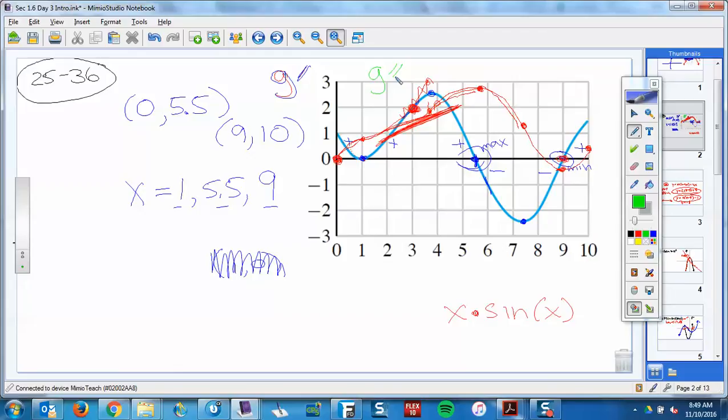Let's pretend that this is G double prime. Now, it's positive, then positive. Now remember, what did G double prime tell me about G? Concavity. So when G double prime's positive, what's G? Concave up. Right here, G double prime is 0.